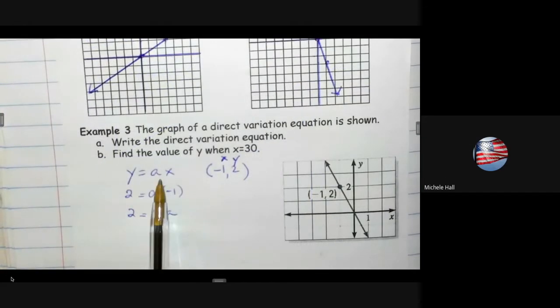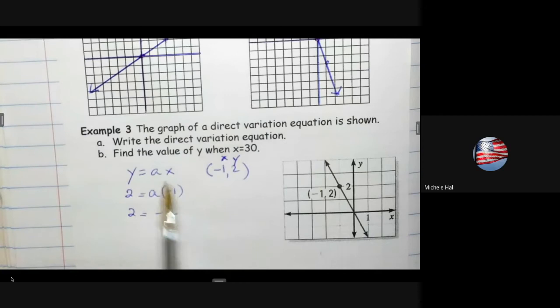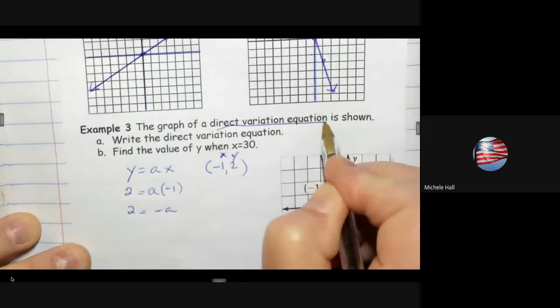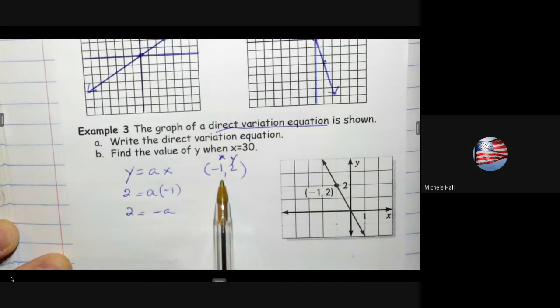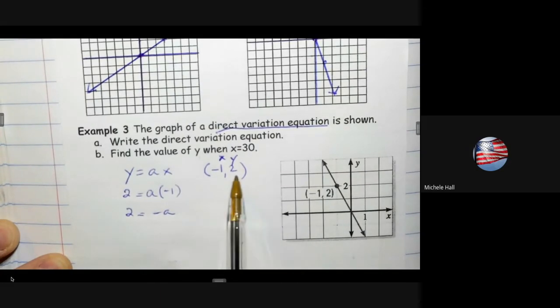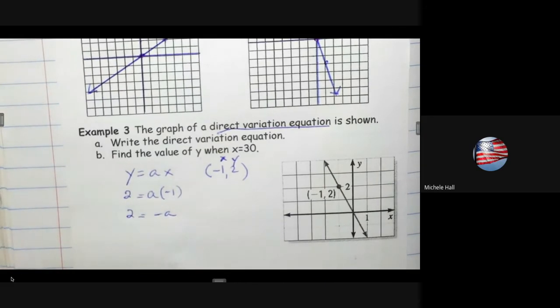We have y equals ax for our direct variation equation. We have the point on the graph, -1, 2. We're going to substitute in that y is 2 and x is -1. A times -1 is -a, and we need to finish solving for a.